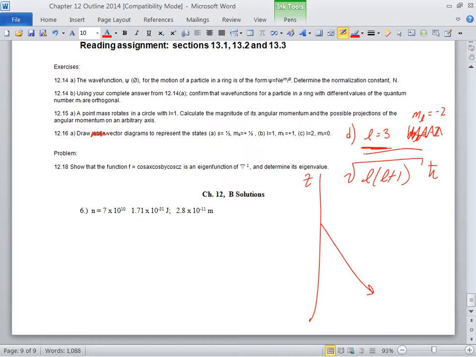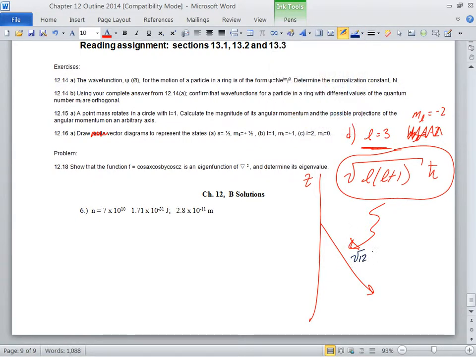So this describes the length of your arrow. Dr. Smith, on the record work, we don't include the h bar, do we? Yeah, you should. 3 plus 1 is 4 times 3 is 12. The square root of that is only 3.46.